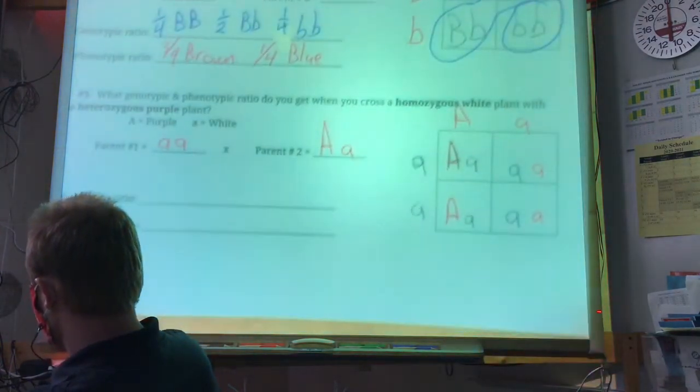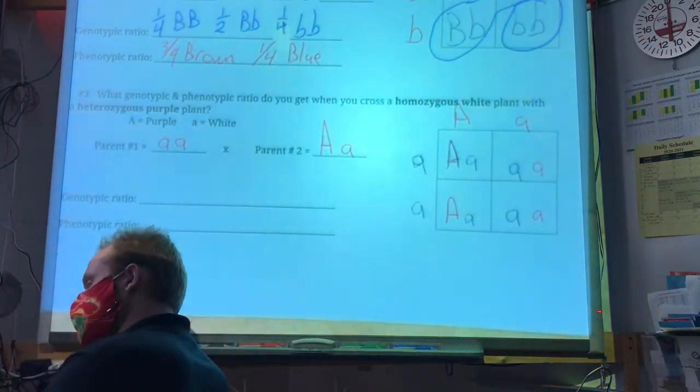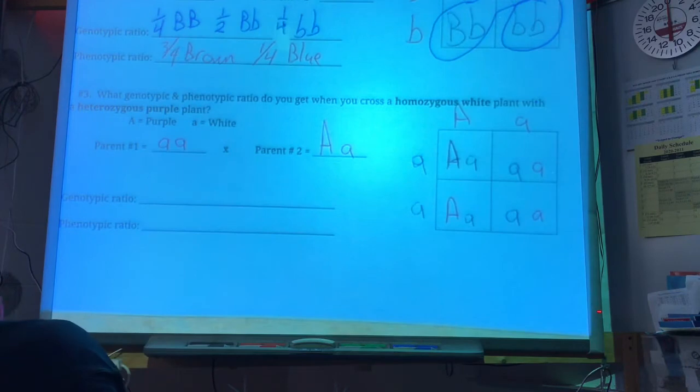Why don't you try to fill out your genotypic ratios? What are all of the possible genotypes that you could list? And then how many out of the 4 are going to be like that?